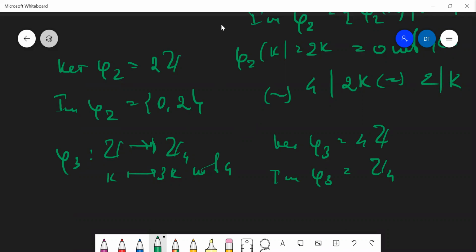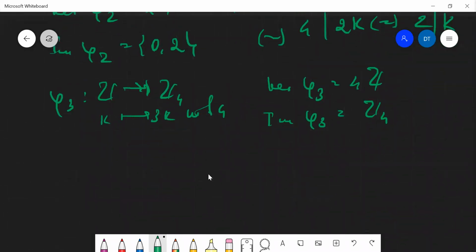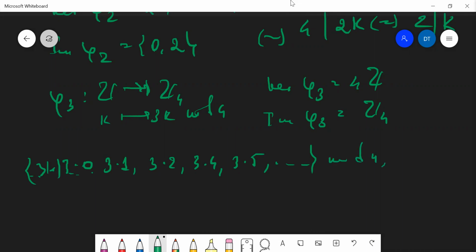And now let me show you how to simplify this computation. So you want to go through all numbers like this: 3 times 1, 3 times 2, 3 times 4, 3 times 5, and so on. And the same with the inverses: 3 times 0, 3 times -1, and so on. Yep, because you want to go through all integer k. But you see, and you take them all modular 4. But it's inconvenient to compute with 3.